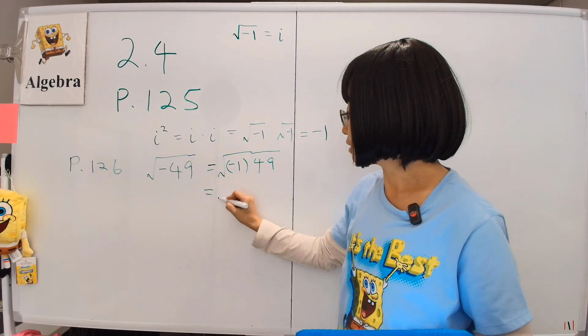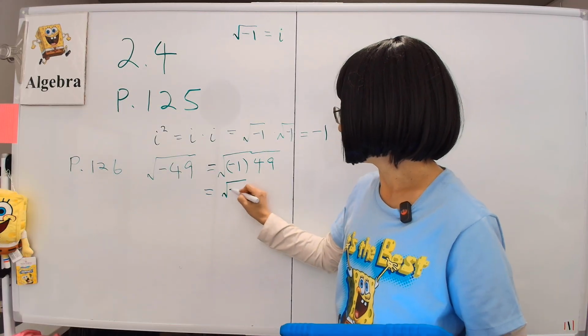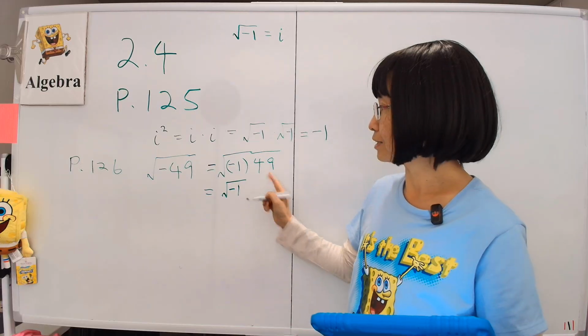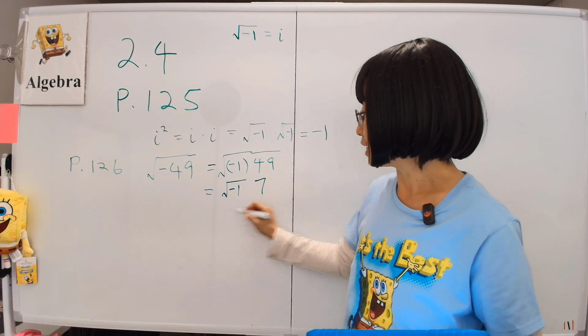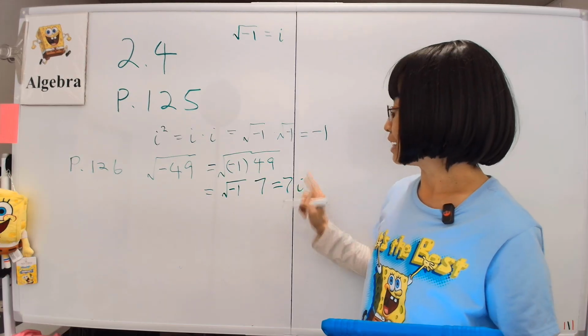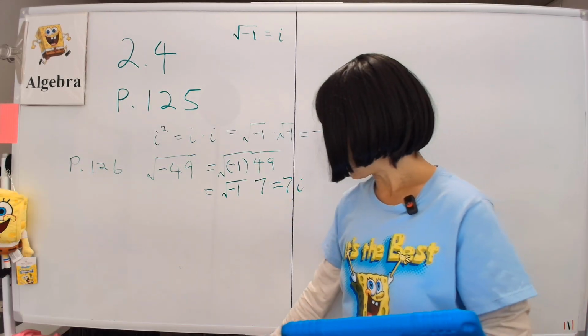So that would be equal to, with the rules that we have learned, the square root of minus 1, and then we can take the 49 out because it's not negative anymore, and that is 7. In other words, this is equal to 7i, where i stands for the square root of negative 1.